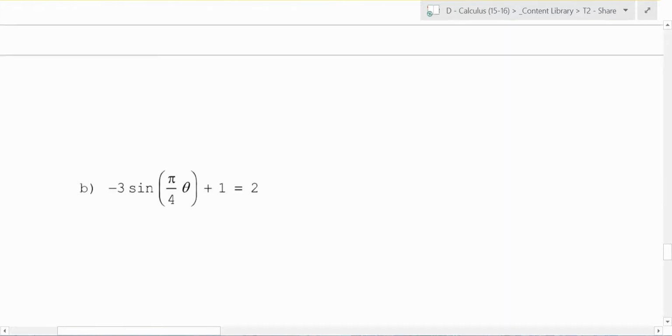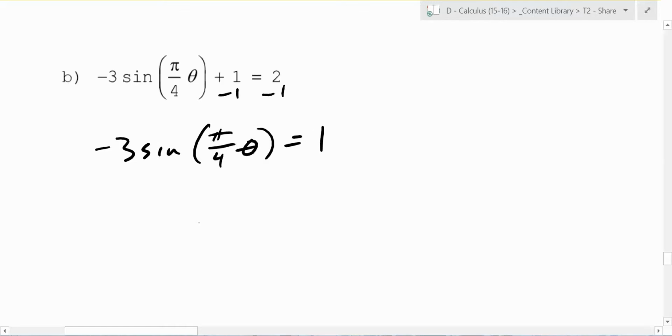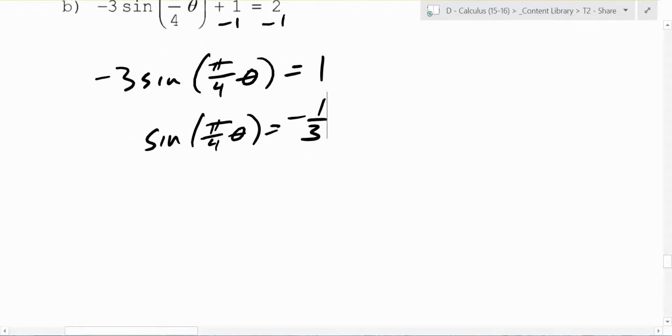Like this one right here, we're not going to be able to do exactly, but we can isolate theta. If we want to isolate theta, what do we subtract first? 1. So you have -3 sine of pi over 4 theta equals what? You subtract 1. Now what do we divide by? -3. -1/3. And then what do you do now? Do you remember this from pre-calculus?